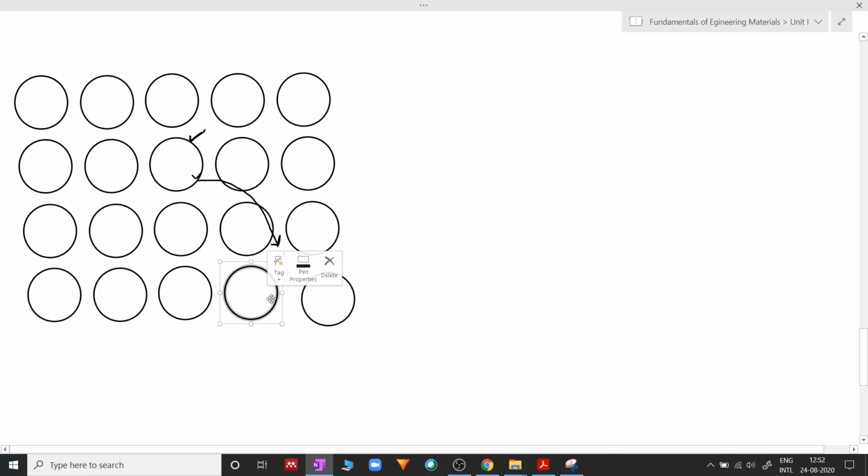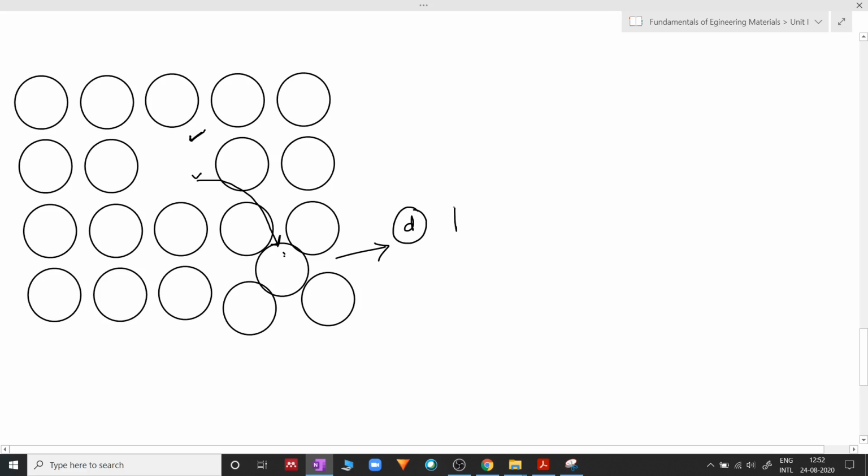So this kind of defect is called a Frenkel defect.